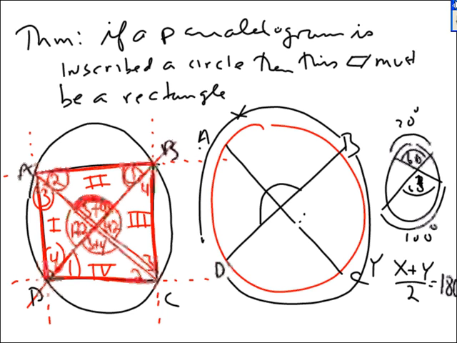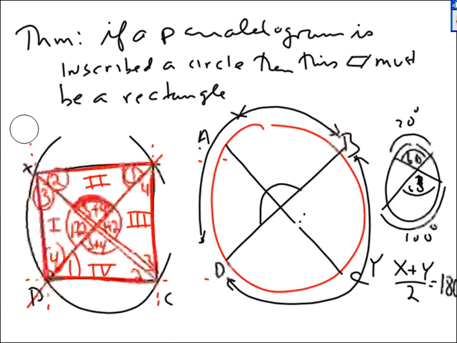X plus y over 2 is 180. Okay, let us get rid of this. Actually, it's a shame, but let us get rid of this.